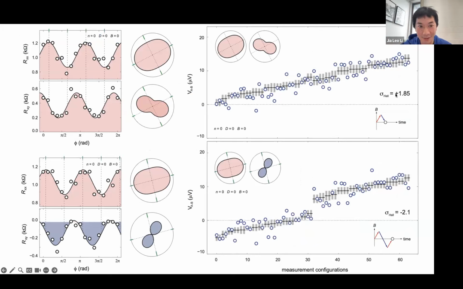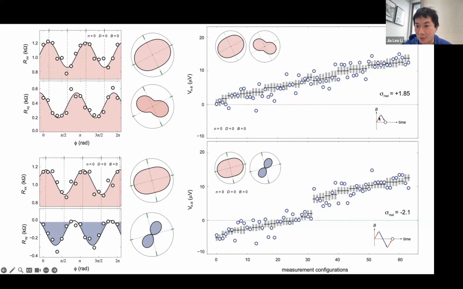I was just told before this talk that I'm quoting this number wrong. This is plus 2.3. And what we're doing here is that we use the mirror plane as a principal axis to define the conductivity matrix. So the off-diagonal term is only contributed by the Hall conductivity, right?